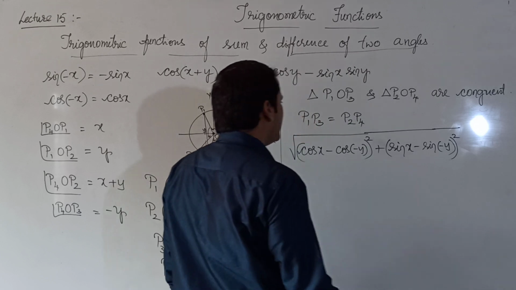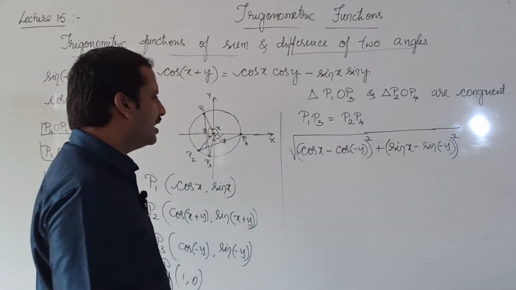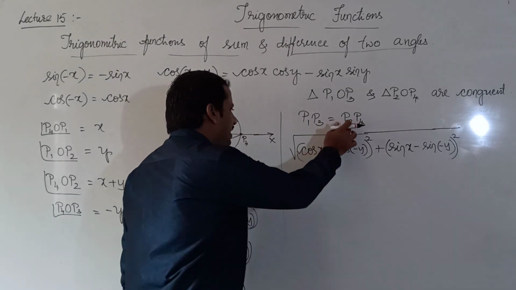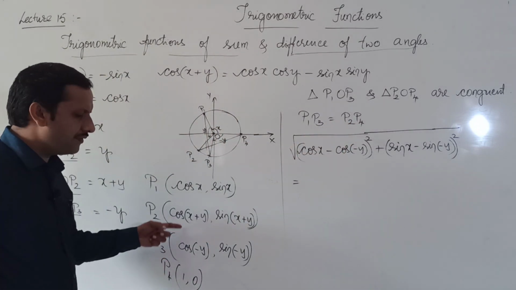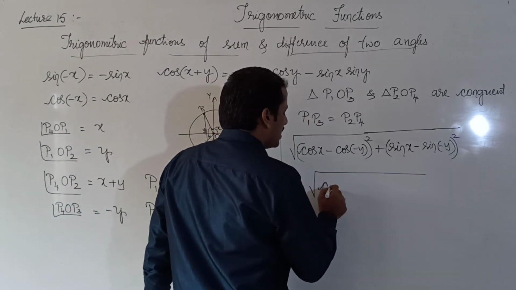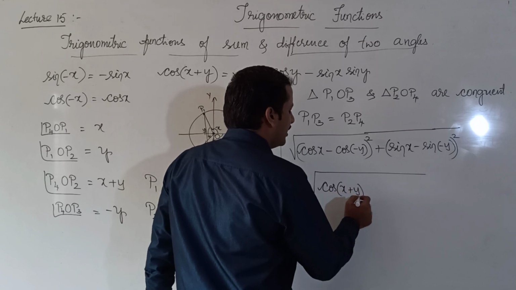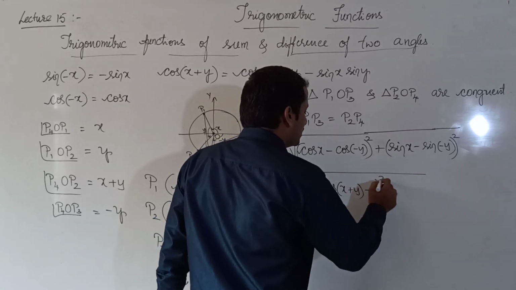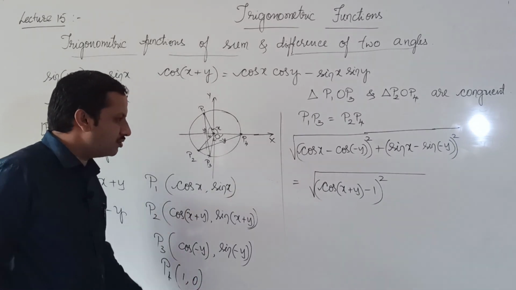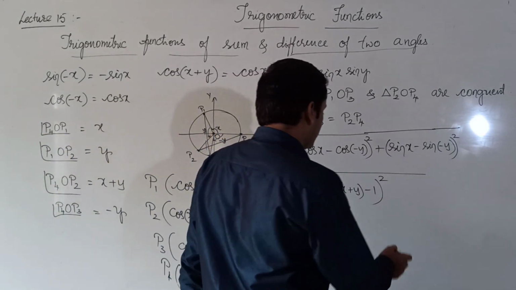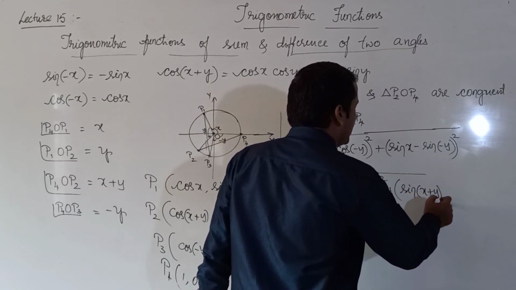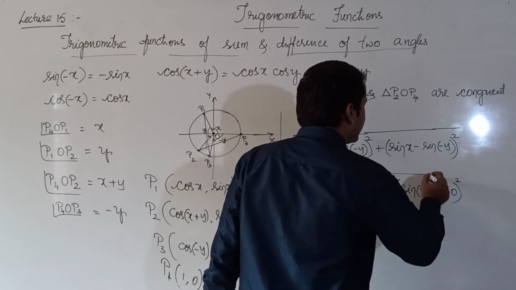This is P1 P3, which is equal to P2 P4. Find the distance between these two points. That will give you the square root of (cos of x plus y minus 1) whole square plus (sin of x plus y minus 0) whole square.